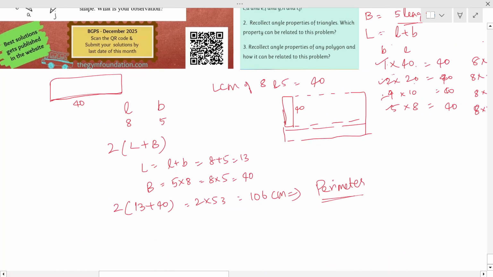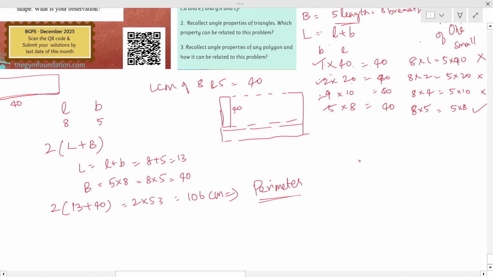So let's do a quick check. If your L and B are 8 times 5, and then times 13, because there are 13 such rectangles, 8 times 5 is 40, and 40 times 13 is 520. Yes. So you are actually correct in terms of the dimensions.